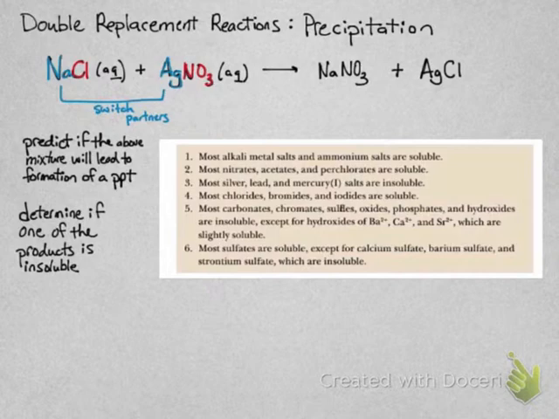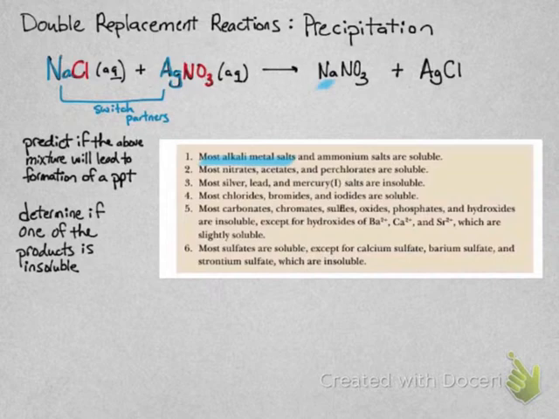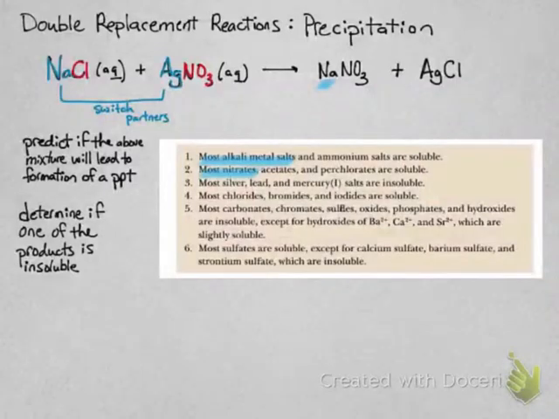So you read number 1, most alkali metal salts and ammonium salts are soluble. Well, sodium is an alkali metal, and therefore we can predict that a salt that involves sodium is going to be soluble. Furthermore, nitrates are also soluble, and that's very common.